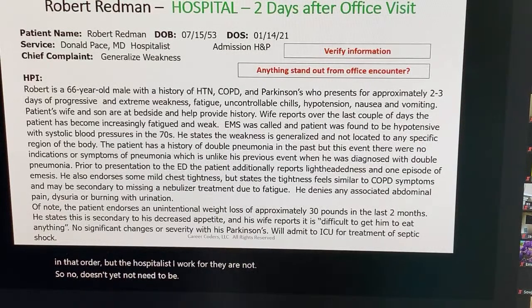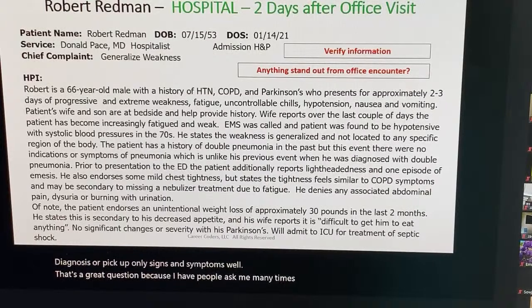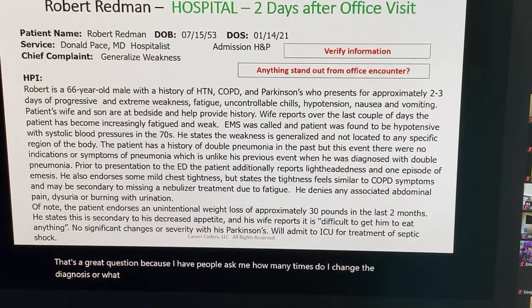Okay. Questions just keep on coming. Would you query the doctor regarding the diagnosis or pick up only signs and symptoms? Well, that's a great question because I have people ask me many times, do we change the diagnosis or what? You must go by whatever your facility's rules are.